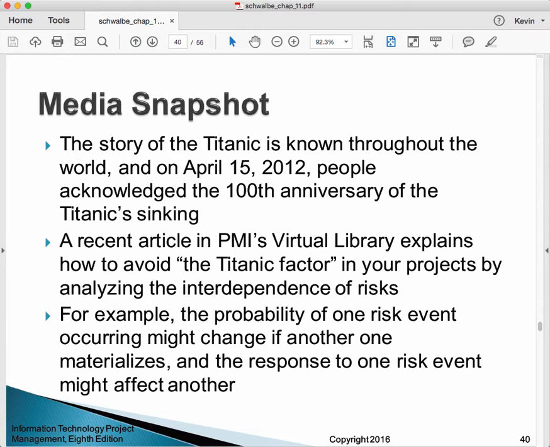And so having torn open the side of the vessel and having let water into too many compartments at the same time, they found themselves in bad trouble. So this kind of thing could happen to a project, right? So thinking about how your risks might be interrelated and not independent is, I think, good advice.